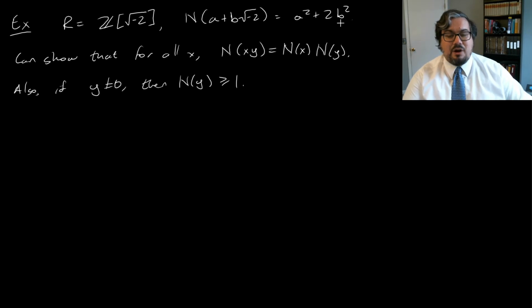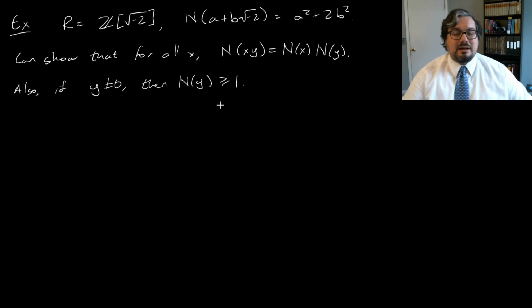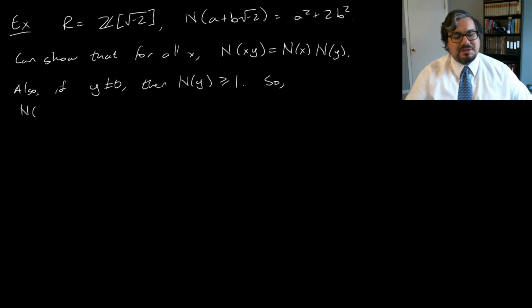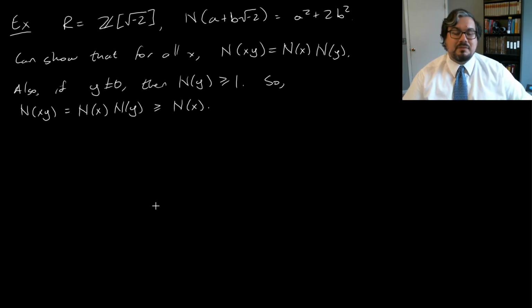Because a and b are restricted to being integers, the smallest measure you could get would be if a is 1 and b is 0, unless the element is the 0 element. So this tells us that the measure of x times y is equal to the measure of x times the measure of y, which is greater than or equal to the measure of x.